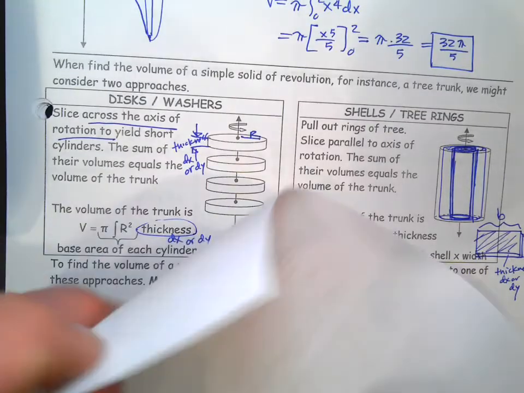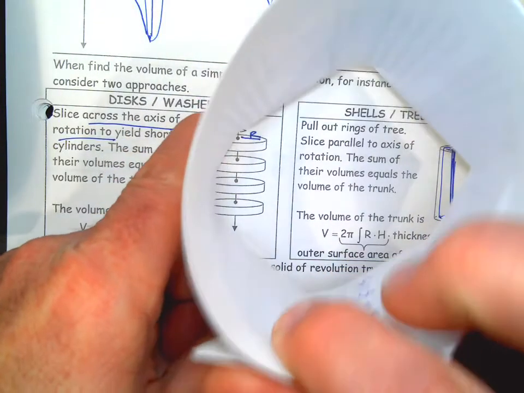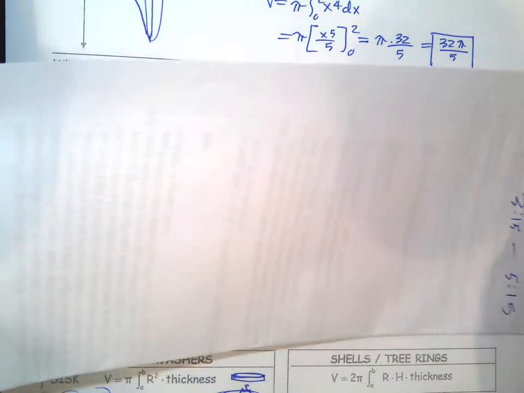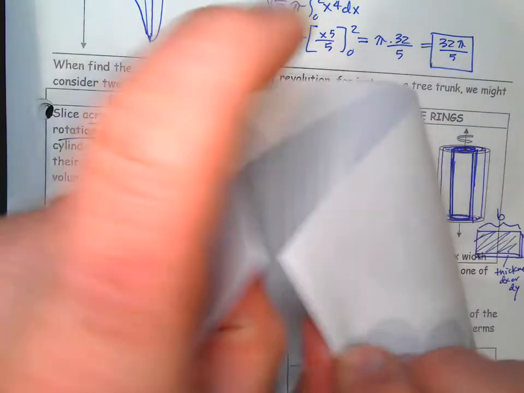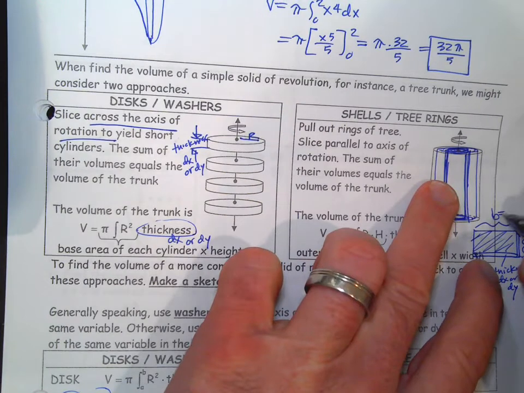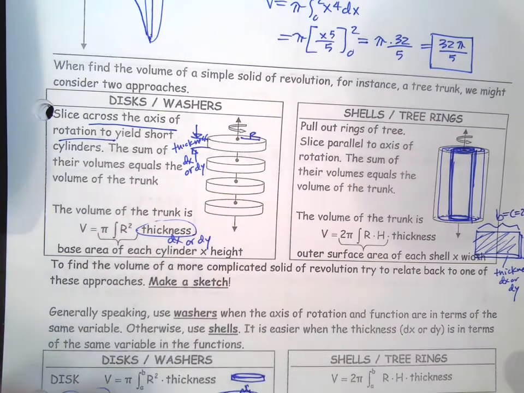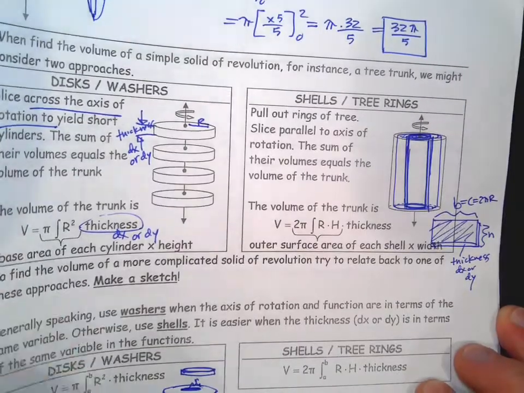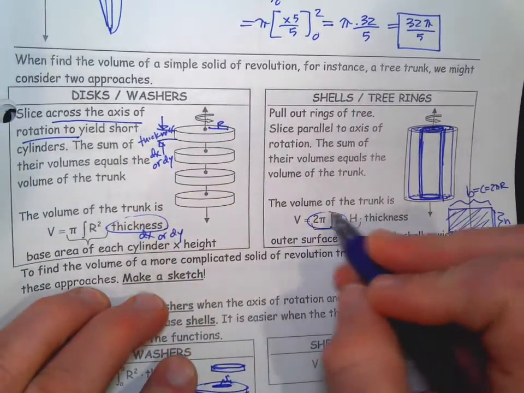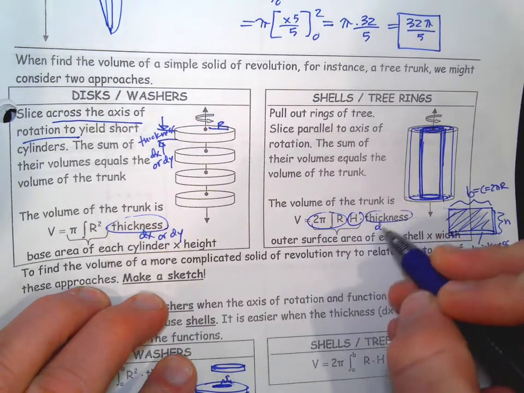It was this circular thing, and then we cut it open, and this length all along here, that's the base, and that came from the circumference of the shell. So this equals the circumference, which is 2 pi r. So if we want to find the volume, we're going to do 2 pi r times h times the thickness, dx or dy.